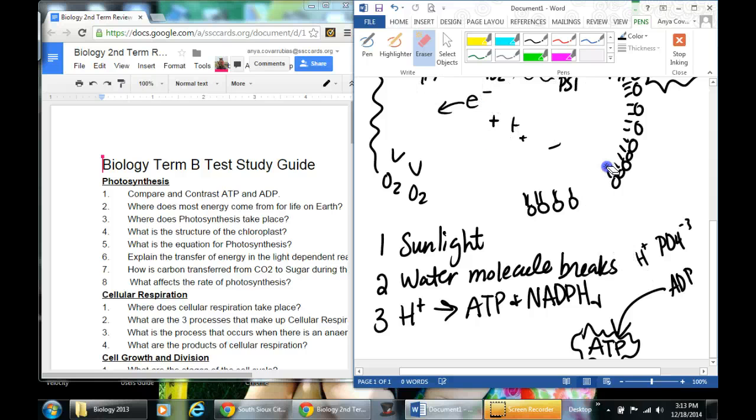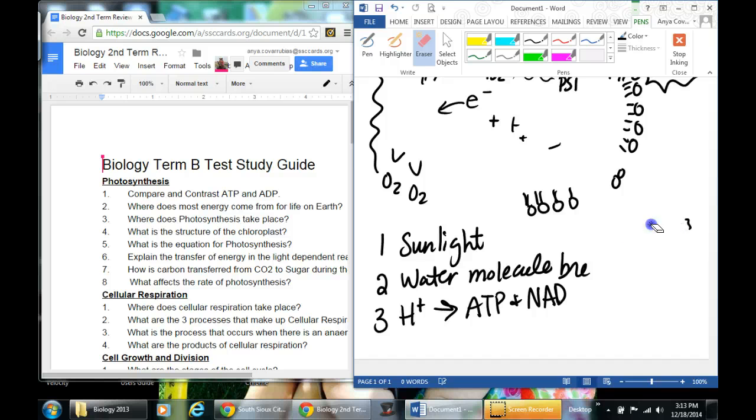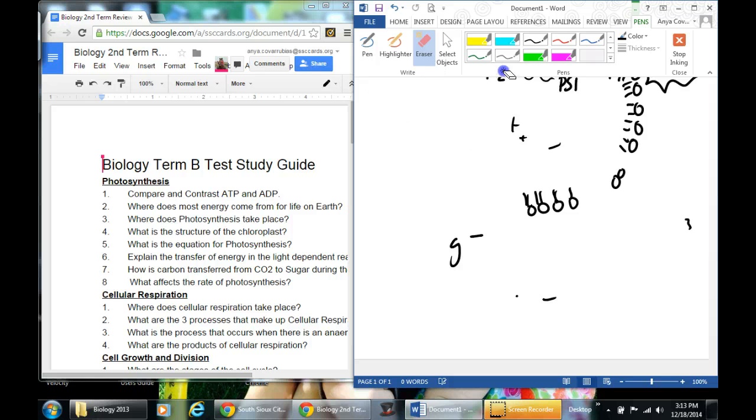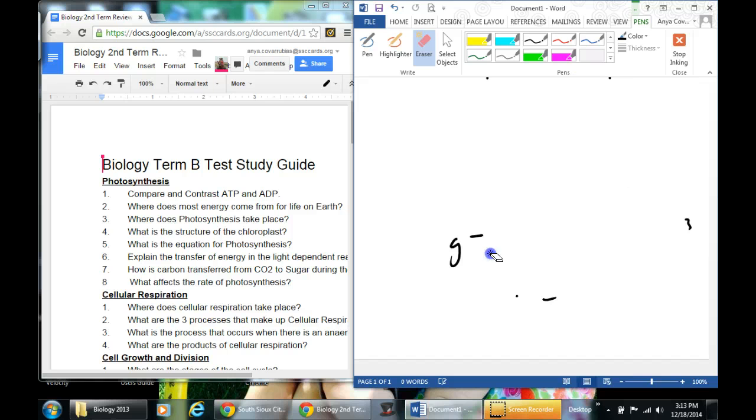The next one is, how is carbon transferred from CO2 into a sugar during the Calvin cycle? And so this is the second cycle of photosynthesis that is really important. The Calvin cycle, remember, is again taking place in the stroma, so it's on the outside of the thylakoid membrane.